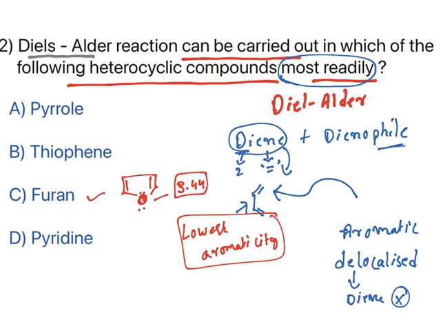The moment electronegativity increases, delocalization decreases. If delocalization is decreased, it will have low aromaticity, and these double bonds can act as a very good diene. So the lowest aromaticity is found with furan, and it can most readily give the Diels-Alder reaction. So the answer is furan. Remember one more thing: among all these heterocyclics, the lowest aromaticity is seen with furan.